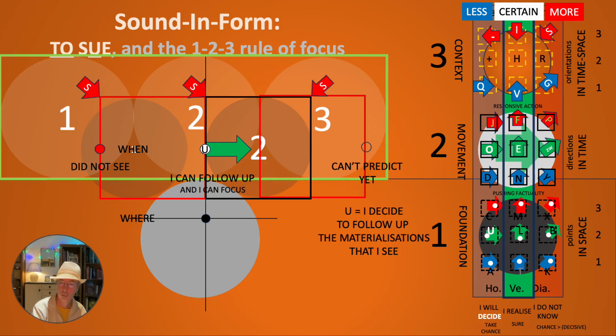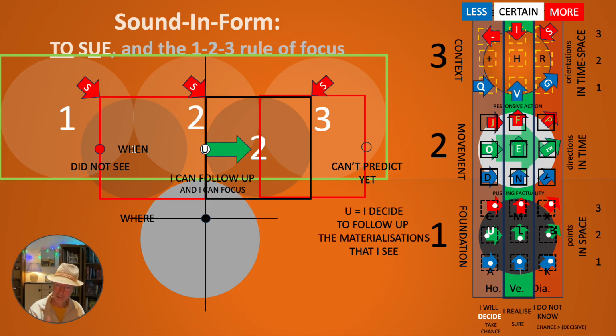The letter U then is in the first category. It's about the foundations in space, or a focus in a point. So we will follow up from T to O a certain point that we're going to try to start from, so it is the moving thing there, we follow it up, what is moving.